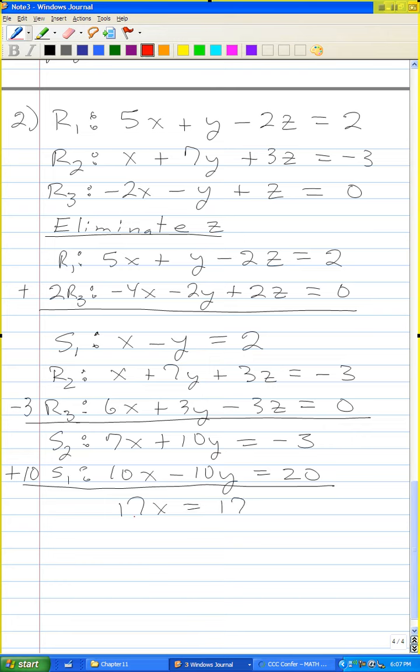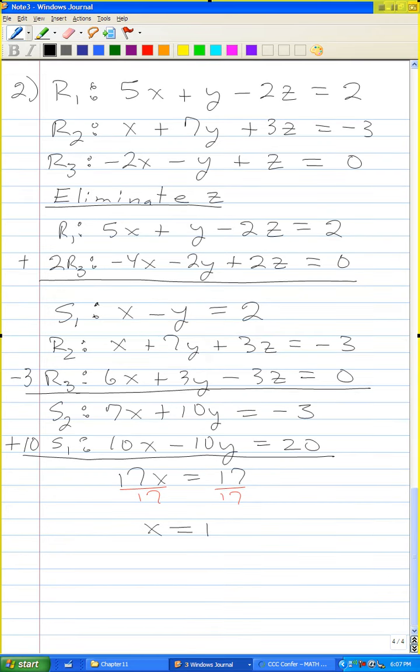Divide both sides of my equation by 17. And so x is equal to 1. So now I can figure out what y and z are. I can plug into any equation so long as the equation involves my one unknown.